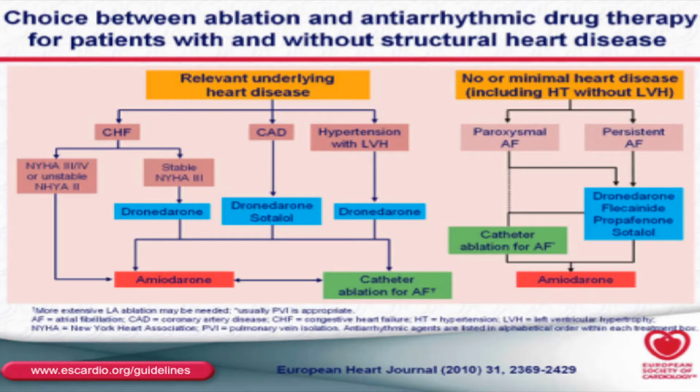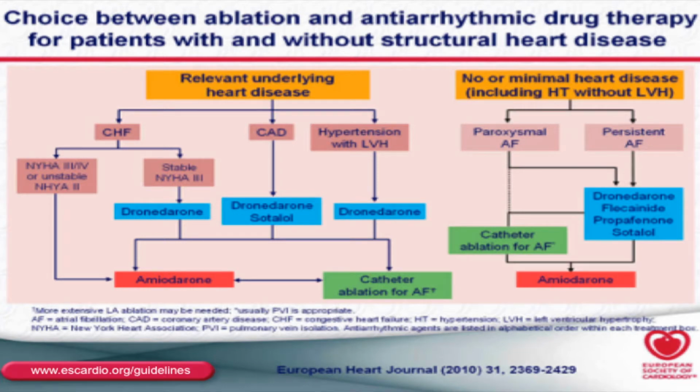So patients with some sort of structural heart disease, we generally do try an antiarrhythmic drug. We're a very high-volume center, so we're a little bit more comfortable offering patients ablation at an earlier stage. Generally, we'll try them on dronedarone if they have LVH or stable New York Heart Association Class 3 heart failure. Or if they can take a Class 1 antiarrhythmic such as flecainide or Rythmol, we'll always offer them that first because that's an easy outpatient therapy.